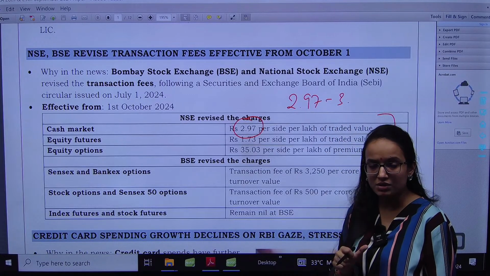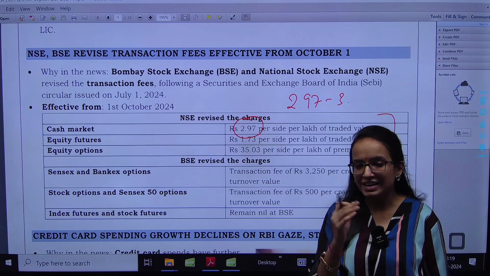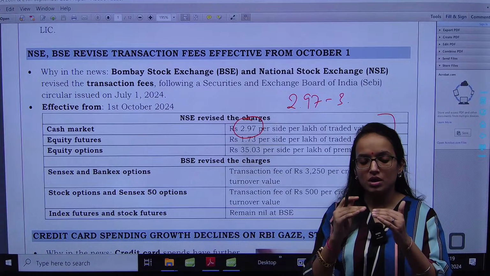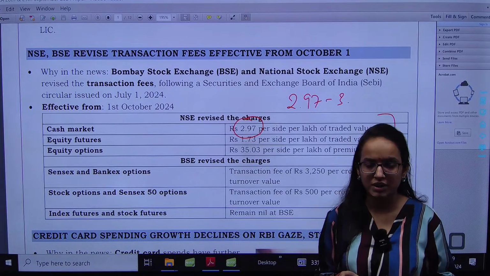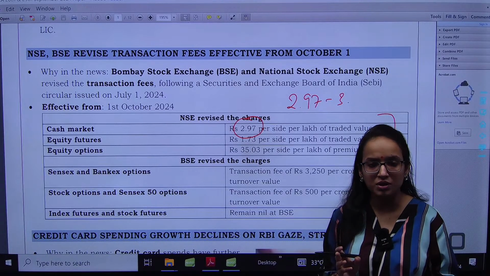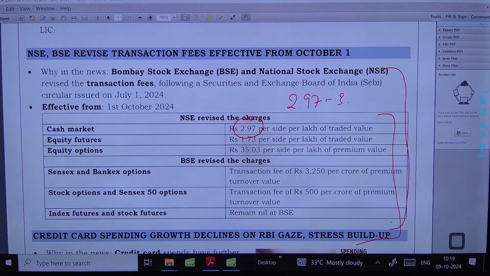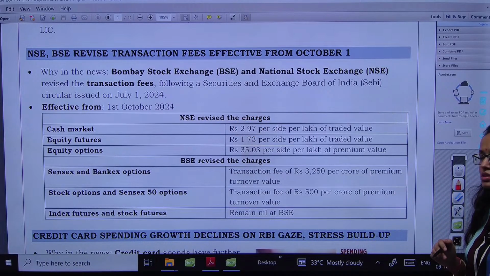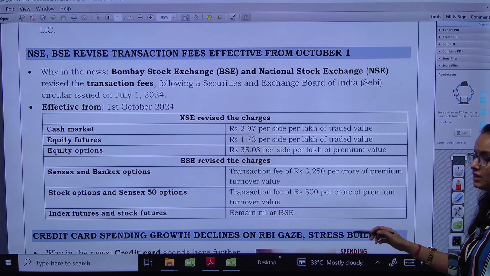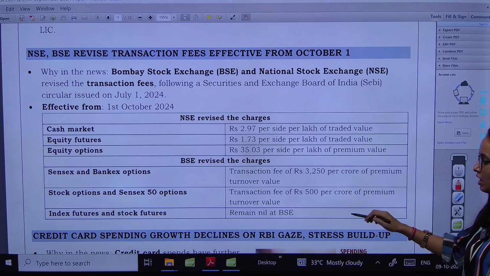But giving a range created inequalities, right? So they want to have uniform, equitable trading platforms for everyone. This is the reason behind this news. Understood, everyone? So just remember this. You need not remember all the exact values, but just remember that they have changed these charges. If you can, then you can of course remember.